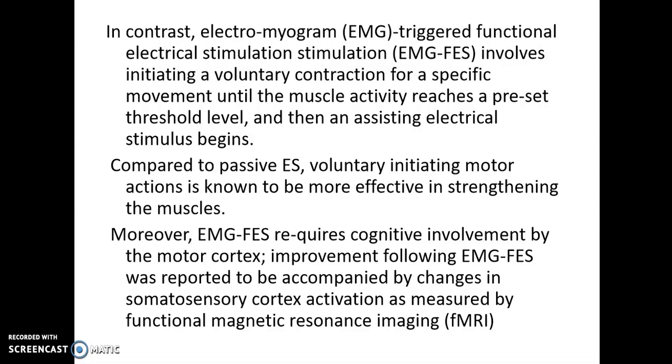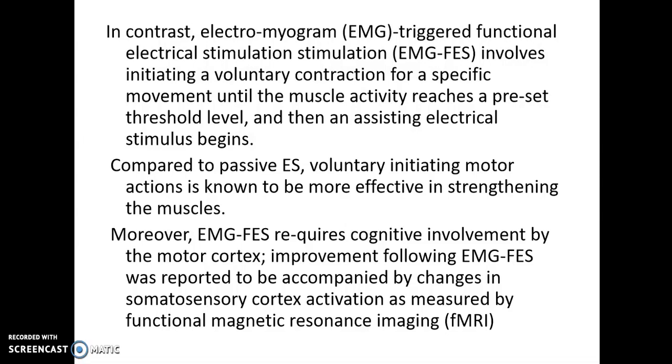This will be detected by the EMG electrodes, and when it is not reaching the desired motor unit contraction or firing, this will trigger the FES, that is the functional electrical stimulator, to add additional stimulation. So normally what the patient does is a physiological stimulation. Now when the physiological stimulation is not adequate, then the EMG will trigger, and the artificial electrical stimulation is applied to the particular motor point where we have already set the electrodes.